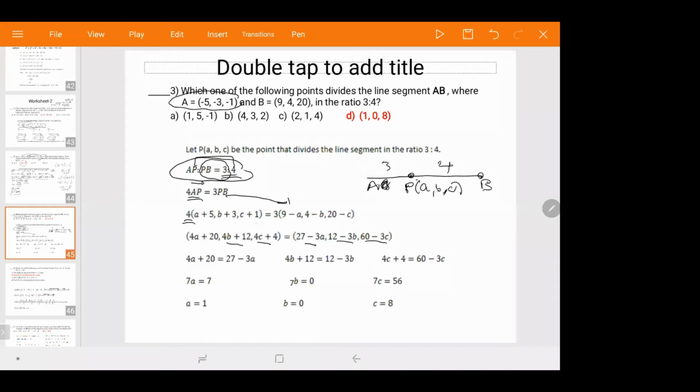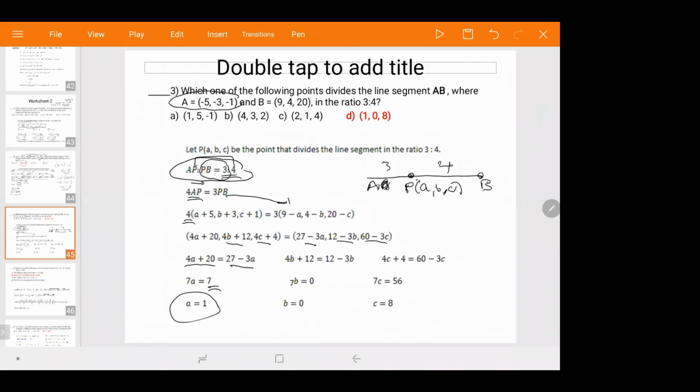Now, in order for these two ordered triples to be equal, they must be equal component-wise. That means the first component of the first ordered triple, 4a plus 20, must be equal to the first component of the second ordered triple, 27 minus 3a. From this, we can calculate the value of a. 3a plus 4a, 7a equals 27 minus 20, which is 7.